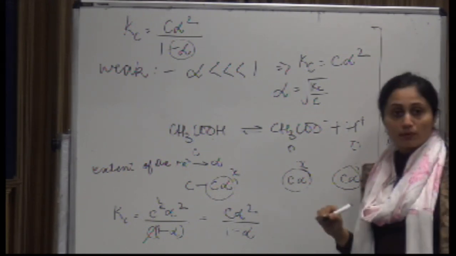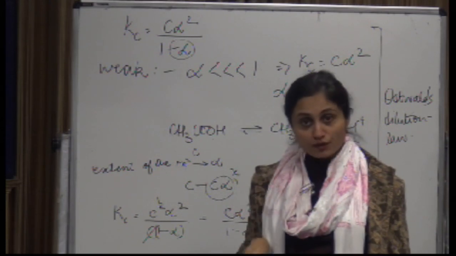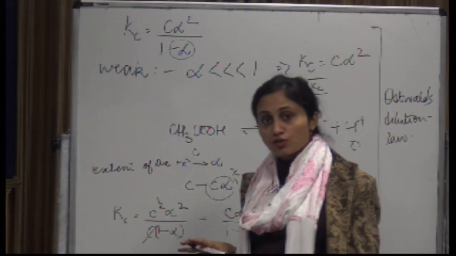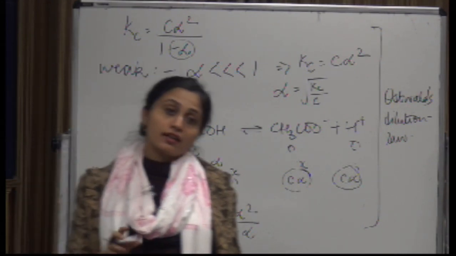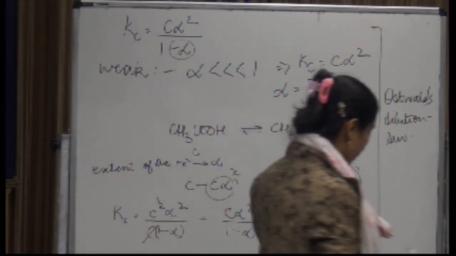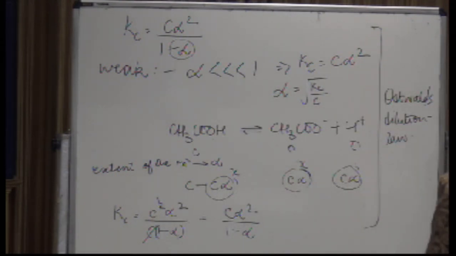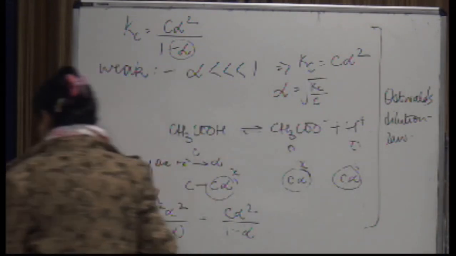So alpha will be equal to under root of Kc by C, where alpha is the extent of the reaction, C is the concentration of the reactants that we took initially, and Kc is your equilibrium constant. Let's take up one more problem.